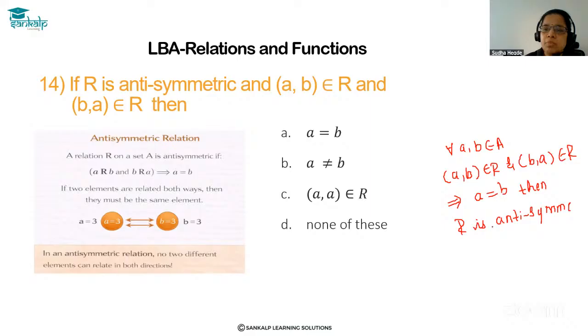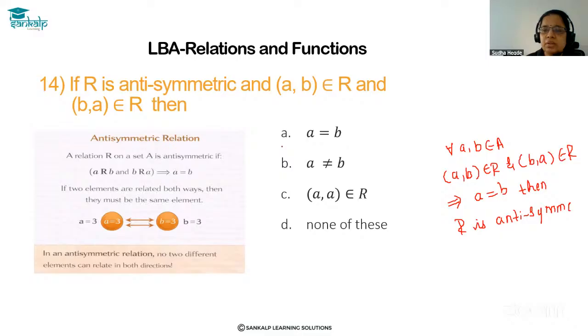So (a, b) belongs to R and (b, a) belongs to R. Both pairs should be there in R. Then if a is equal to b, then the relation is antisymmetric. Okay, got it right?